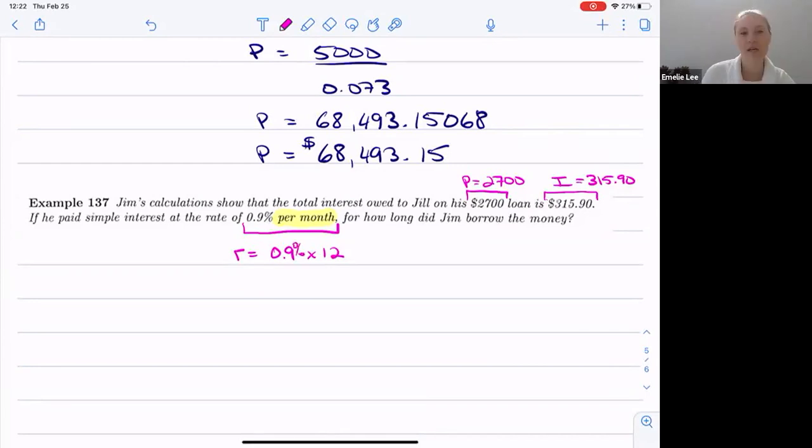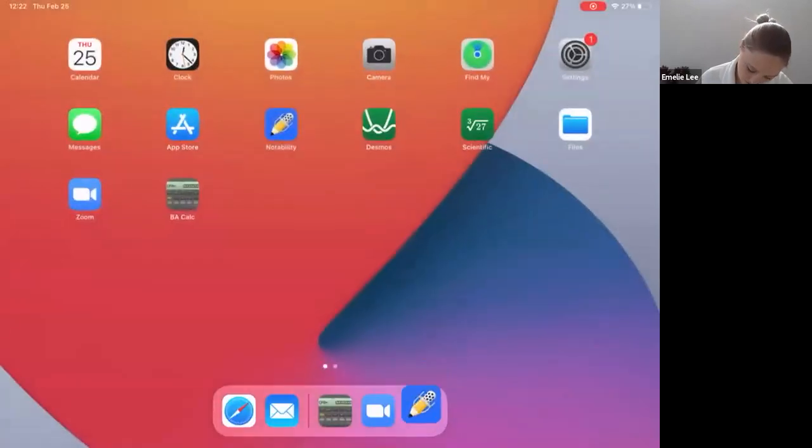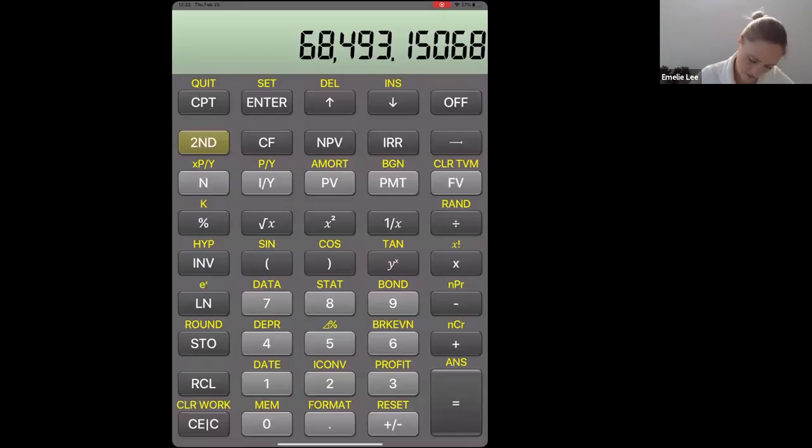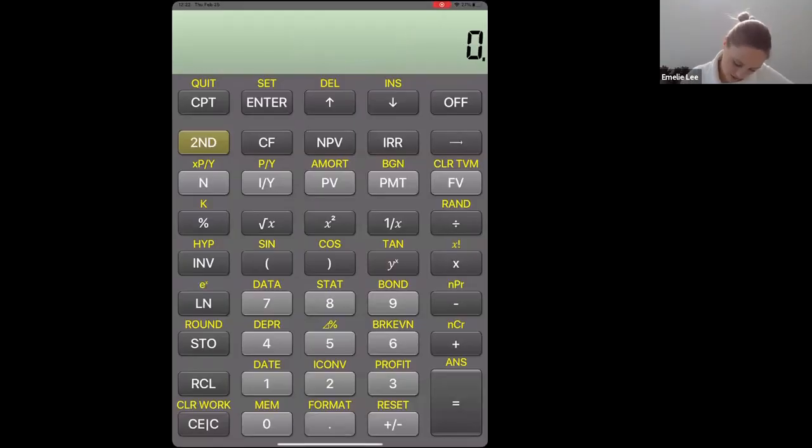0.9% times 12. Okay. And so 0.9 times 12, I better just do it here, running the risk of having another add, 10.8%. Okay, but I need that as a decimal in my calculations, right?